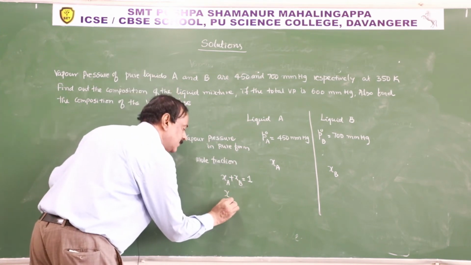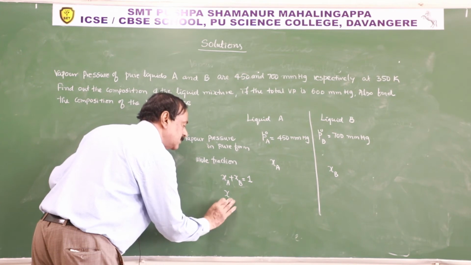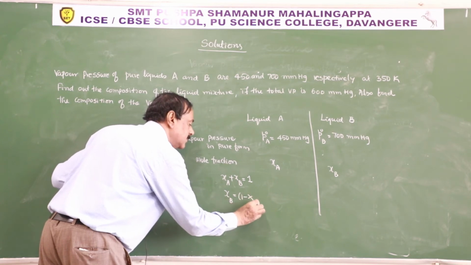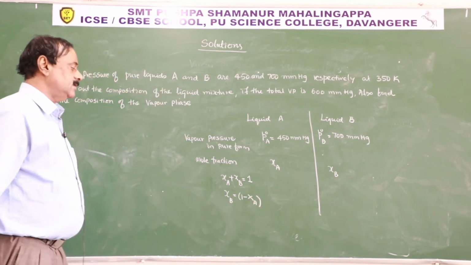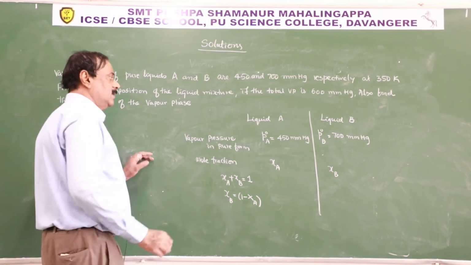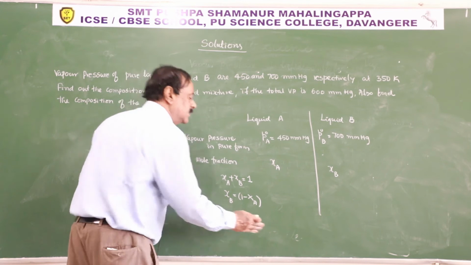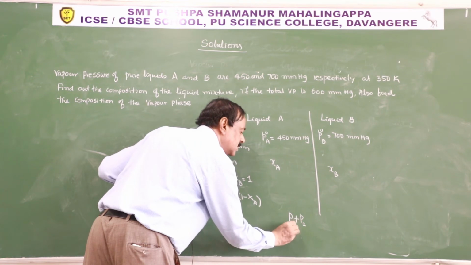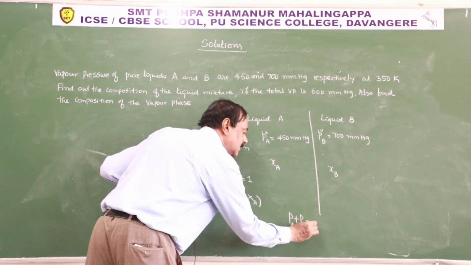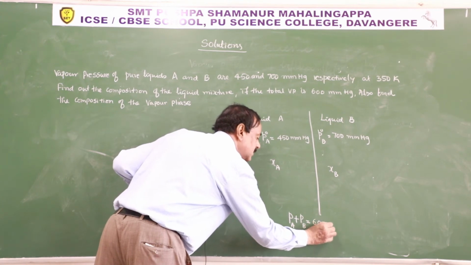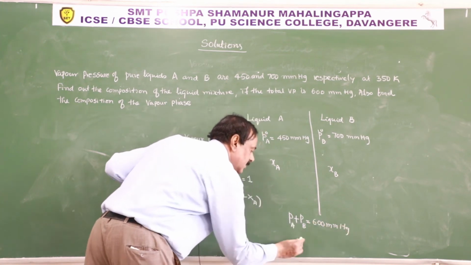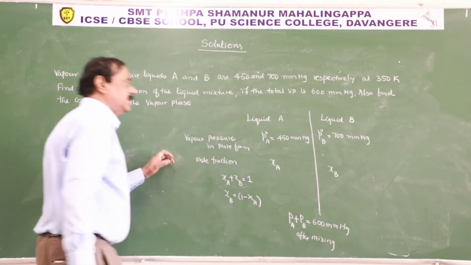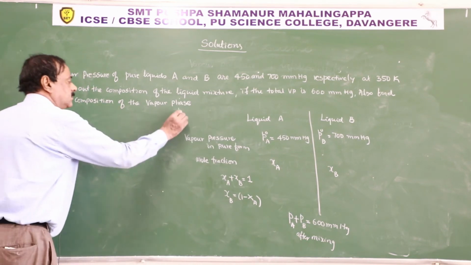Therefore XB is equal to 1 minus XA. After mixing, PA plus PB is given as 600 millimeter of mercury. These are the data.